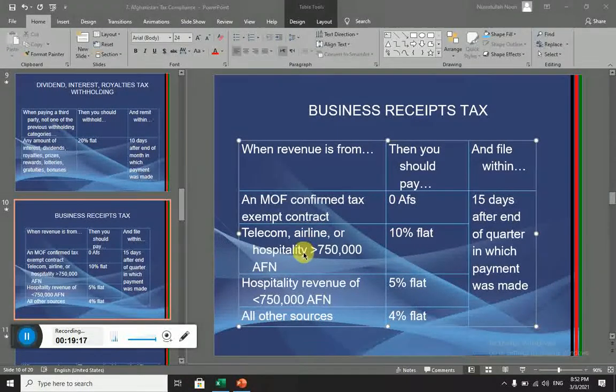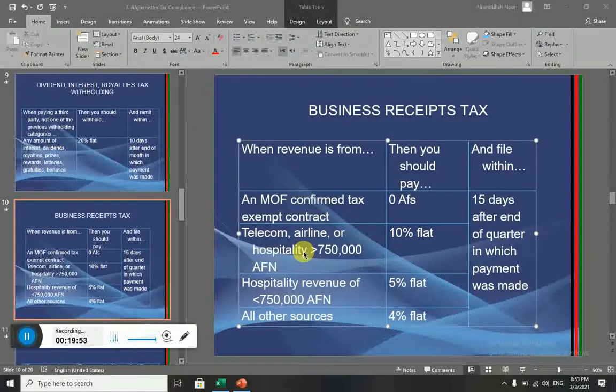We have hospitals, restaurants, hotels. Businesses working in these 3 sectors: hospital sector, restaurant sector, hotel sector, are also required to pay 10% flat on their gross income on a quarterly basis, report the revenue to the Ministry of Finance and pay the tax as well.